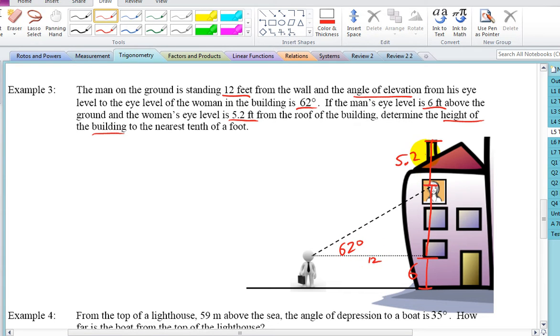So we have 5.2 up top. We have 6 feet on the bottom. What we have to figure out is the middle measurement, then add them all together. So it's trig applications. Use trig, but you have to do a little bit more work. On the triangle in the middle, here's 90 degrees in the bottom. Label your HOA. Choose a ratio. Go.